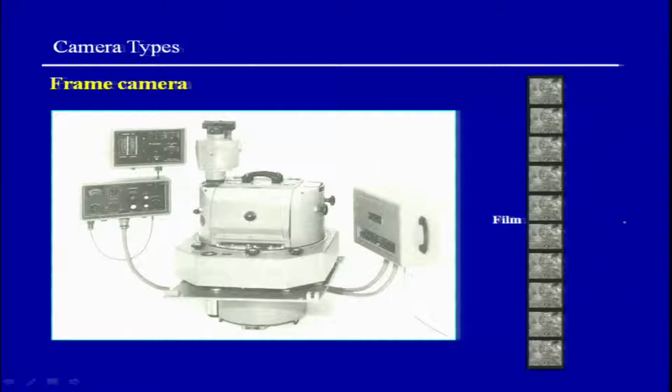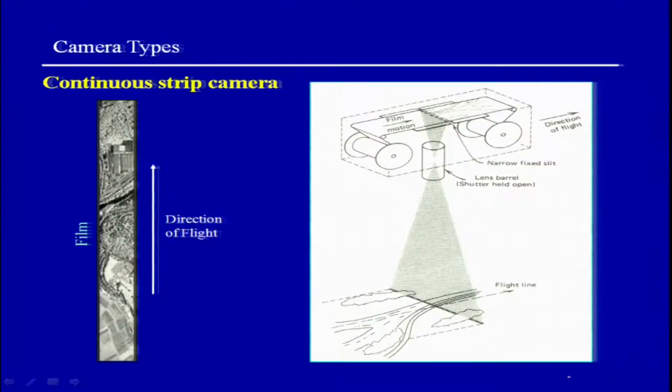These are a few cameras, like the frame camera, which gives you the photographs shown here. These are the photographs obtained from frame cameras. Then you have continuous strip photography, which has been shown here. This is your camera mounted, and this is the direction of the flight, and it will keep collecting pictures like this.